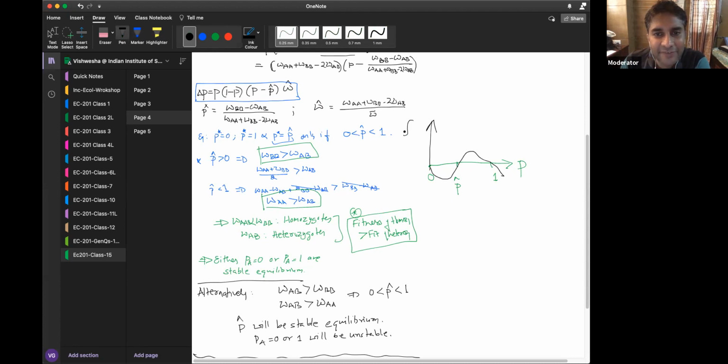This is the function f, the right-hand side, f of p. This is how it will look if these conditions are satisfied.